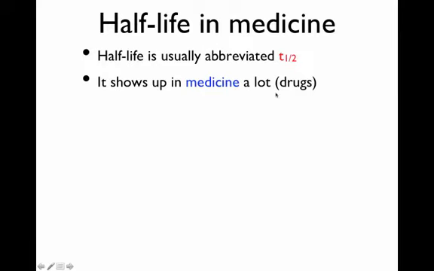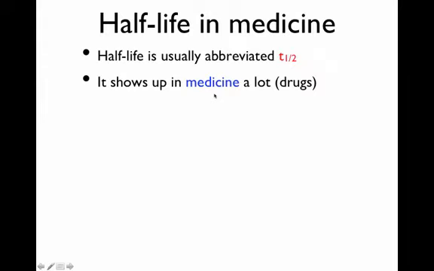So usually when people have a medicine, they measure the amount of time that it takes for half of the medicine to be eliminated from your body. And pretty much every modern drug is measured in this way. The reason that this information needs to be gathered is because when someone is giving you a medication, they want to give you enough of the medication so that it will do whatever it's supposed to do in your body.